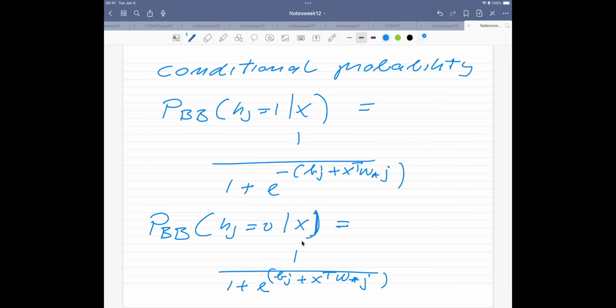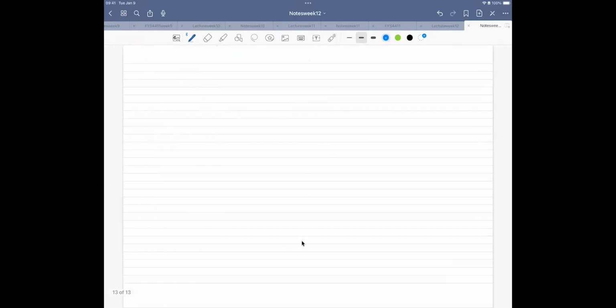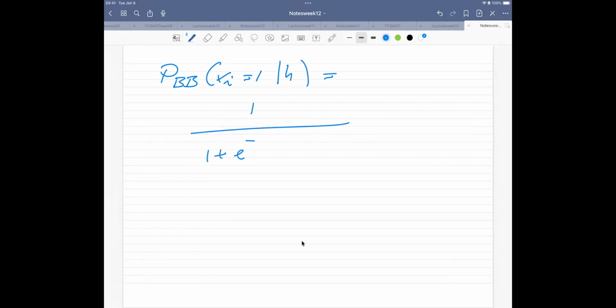Now, we can do the same thing for the x's. We also need the probability of xi equal to 1, given all the h values. This has a similar expression, except that now we get 1 divided by 1 plus e to the minus, and then I have ai plus omega i, and I have to transpose this because it is a vector now.